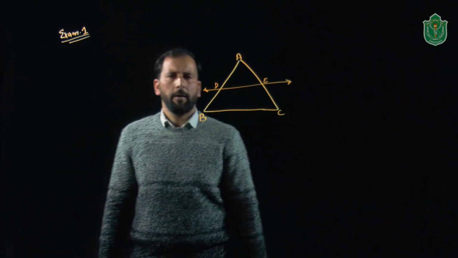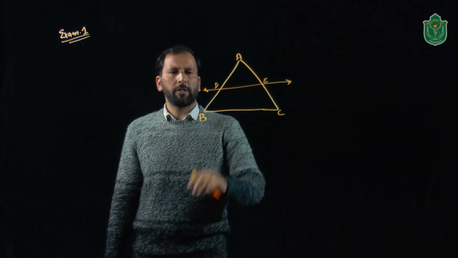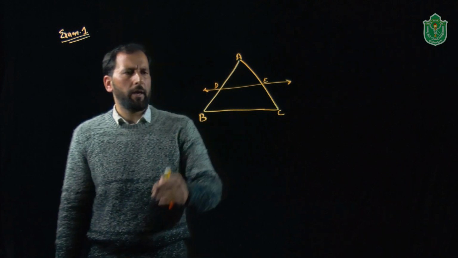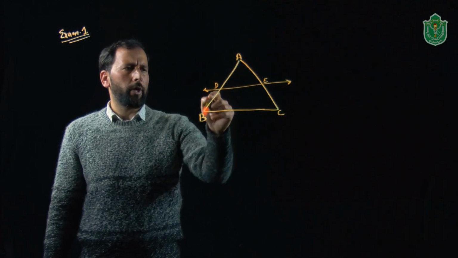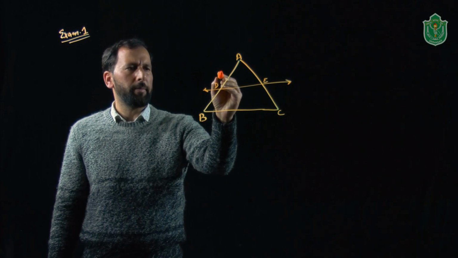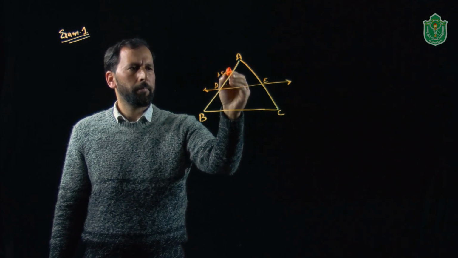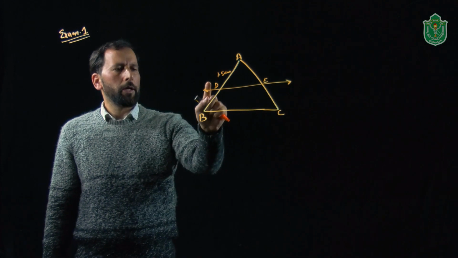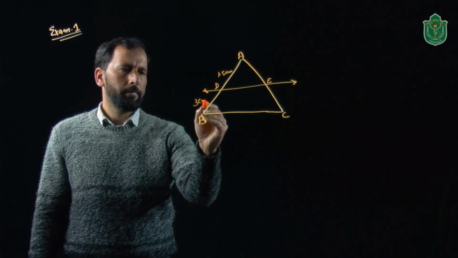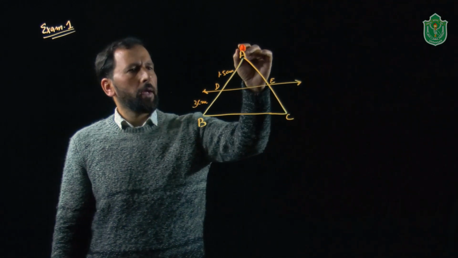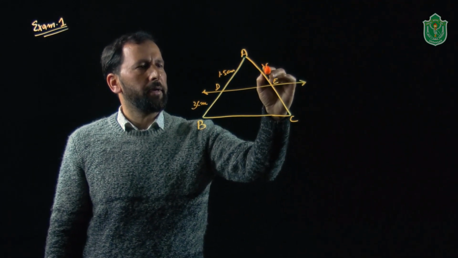And this DE divides the two sides in some ratio, that is AD and DB. It is also given here the length from A to D is 1.5 centimeter. The length from D to B is 3 centimeter. The length from A to E is 1 centimeter.